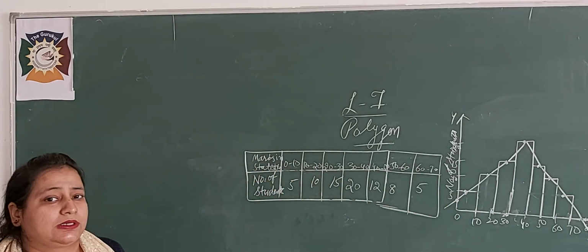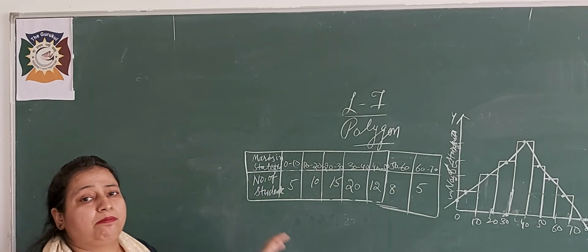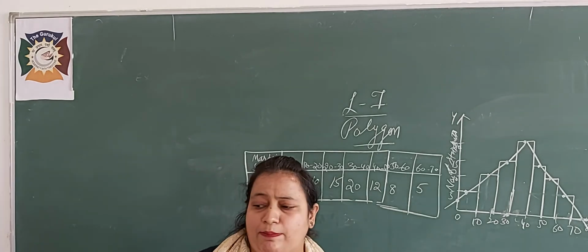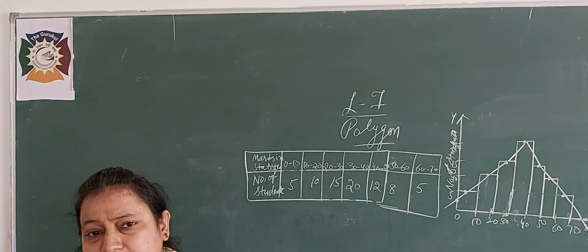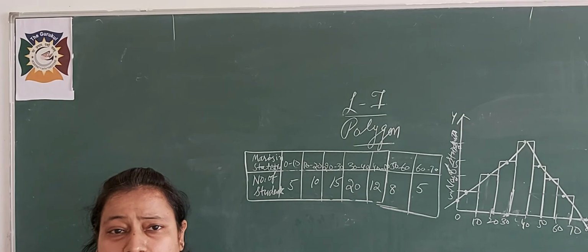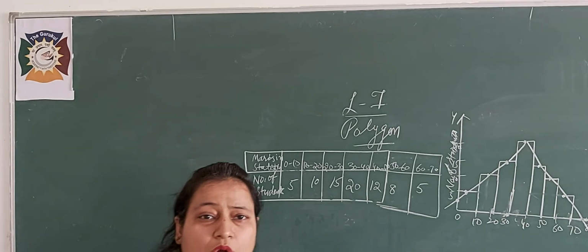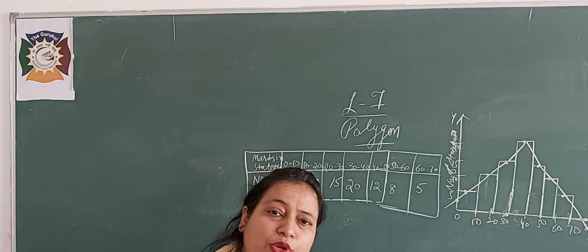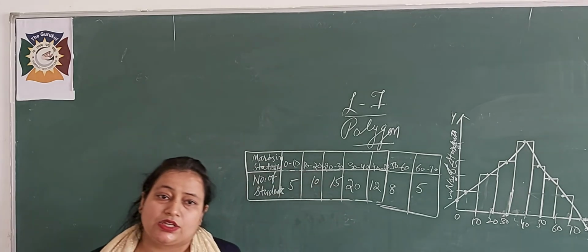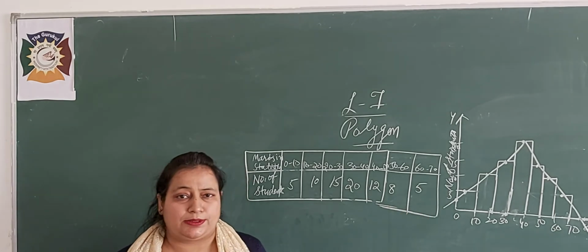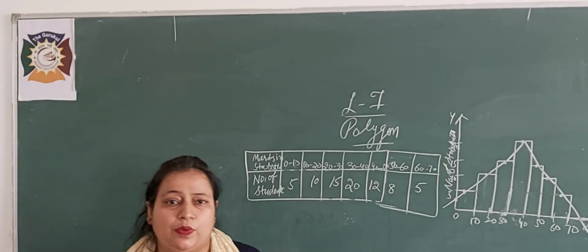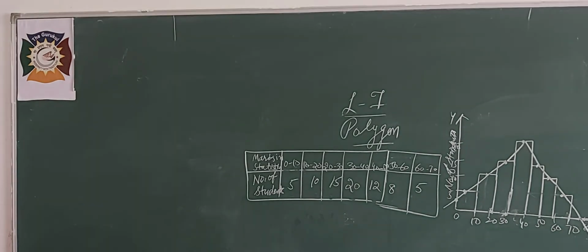This is a polygon with the help of the histogram. If you are facing any problem, you can take your problem on WhatsApp. I will send you the data to make this histogram, tables and polygons.